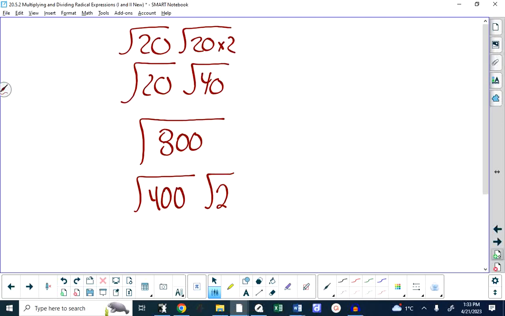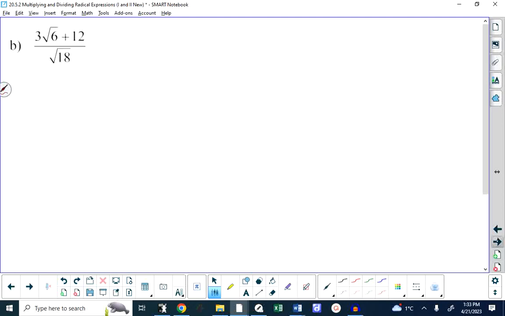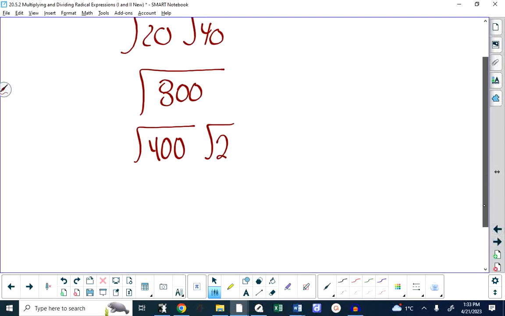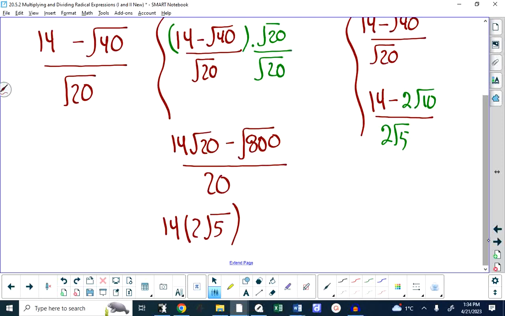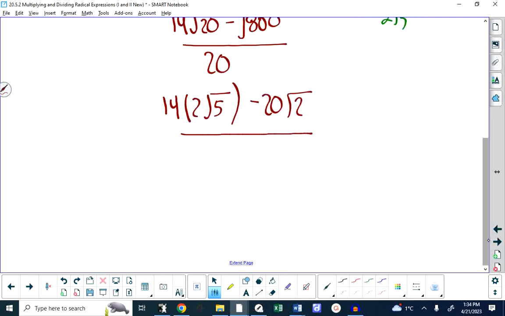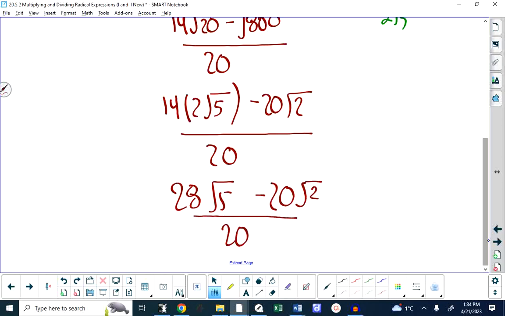Can you appreciate, though, that the numbers got big? It's not an insurmountable problem, but it makes it more work. So that is going to be 20 root 2 over 20, which is 28 root 5 minus 20 root 2 over 20.